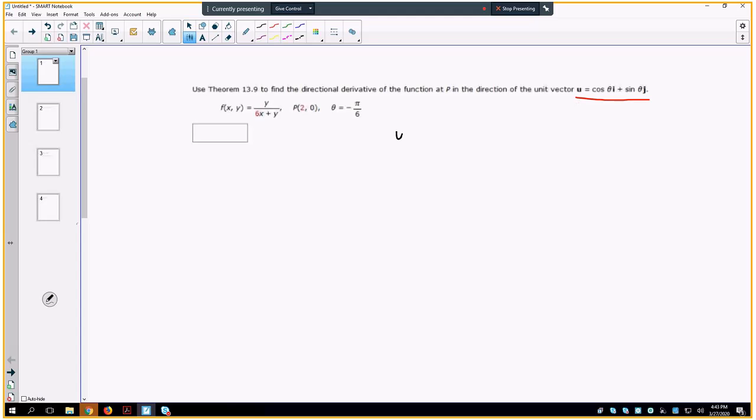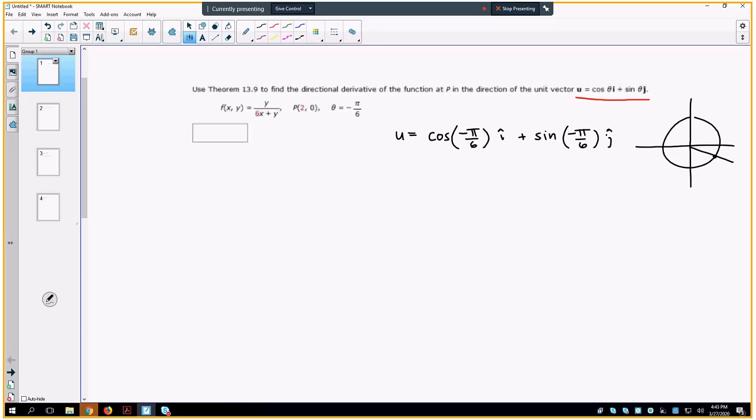u is equal to cosine of minus pi over 6 i cap plus sine of minus pi over 6 j cap. And we can think about those values.